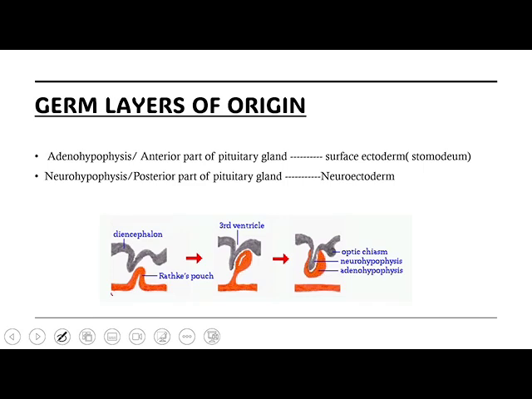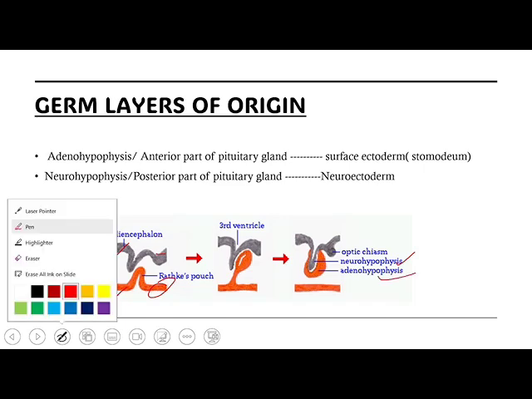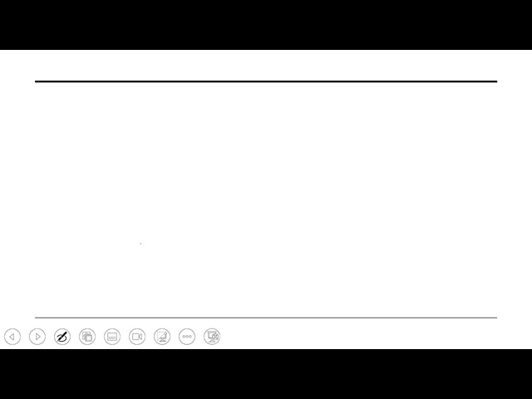Here you can see this is a surface ectoderm, and this one is neuroectoderm. Later on, this part will form the neurohypophysis, and this orange colored, which has been symbolized to surface ectoderm, forms the adenohypophysis.